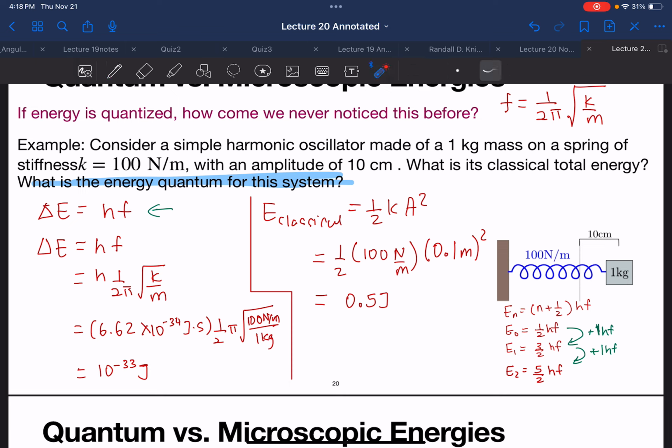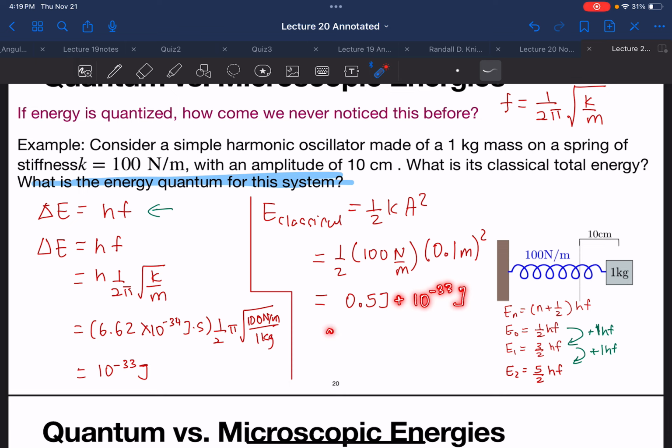Okay, so let's compare. This system we just described has half a joule of energy. For us to go to the supposed next step, basically the energy we're saying is quantized, so the smallest energy jump I can make is 10 to the minus 33 joules, meaning I can do 0.5 plus 10 to the minus 33 joules.